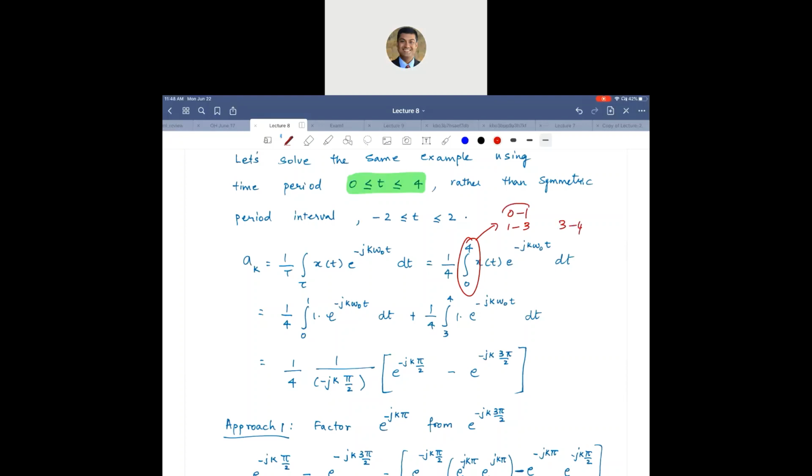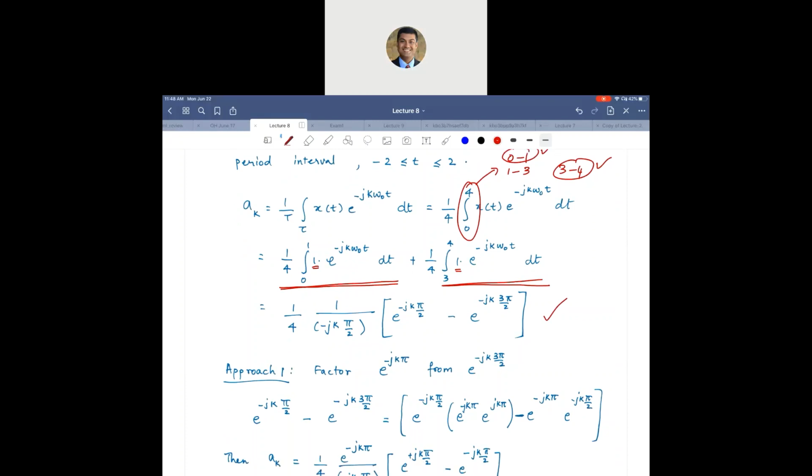So here it is on, here it is on, from 1 to 3 it is off. So we got only two pieces here. The first one where the integration goes from 0 to 1 and x of t is 1 there. And the other integration is from 3 to 4 when x of t is also 1 there. At times between 1 and 3, x of t is 0. So you integrate, you simplify, you get this.